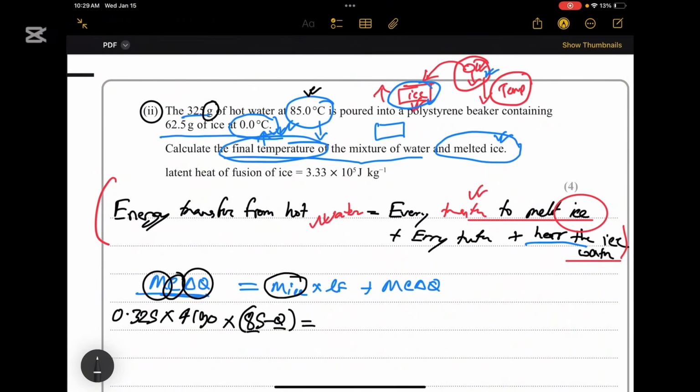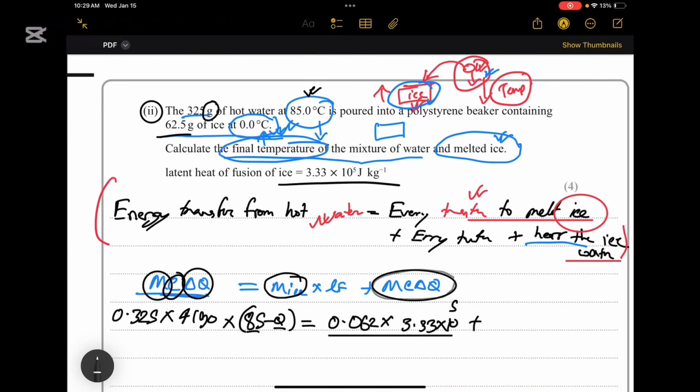We know the mass of ice is 62.5 grams, which is 0.0625, times the latent heat of fusion, which they have given as 3.33 times 10 to the power 5. So this is our energy used to melt the ice plus the energy used to heat the ice water. The melted ice will be converted into water, then this water will be heated, so we'll write mcΔθ.